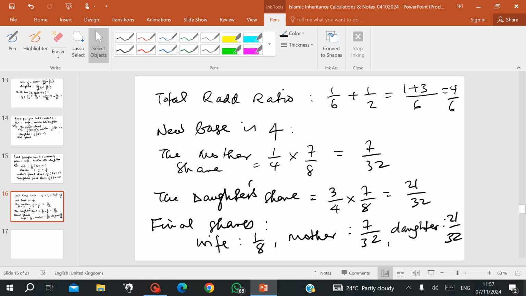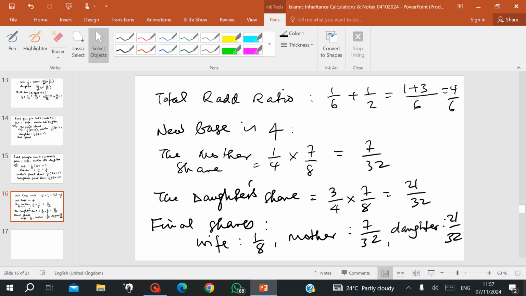Then you fashion that out by multiplying the new fraction times the balance that the people entitled to radd are going to have, and then you get your new shares.